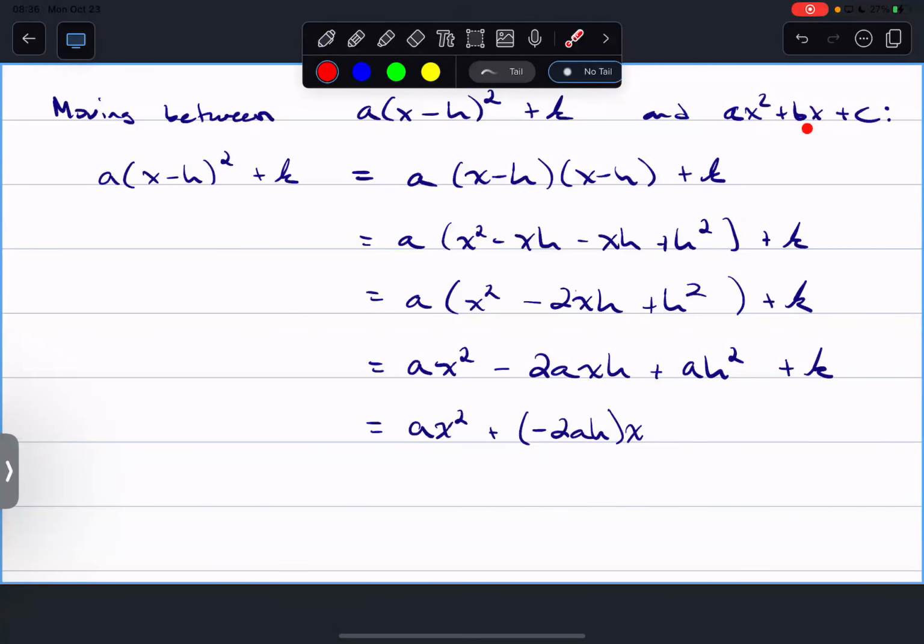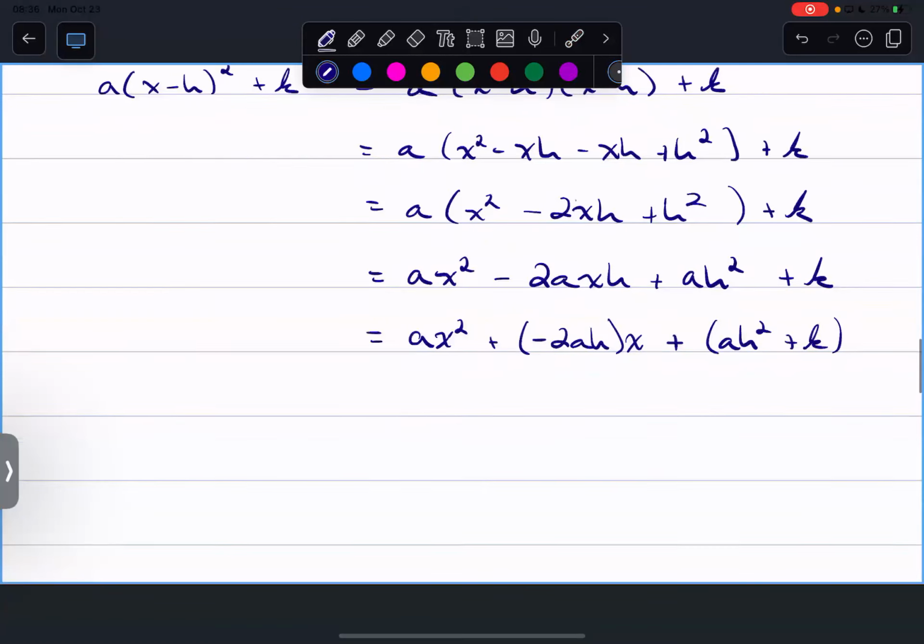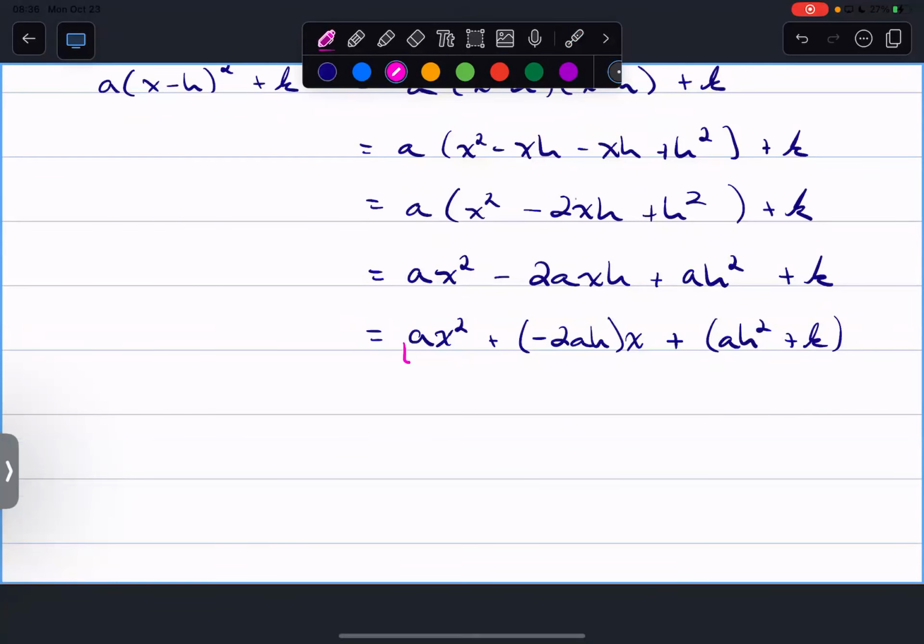Trying to make it look like this, something times x, and then plus c, but the c is going to be ah squared plus k. So now I have ax squared plus bx plus c. A little bit nasty.